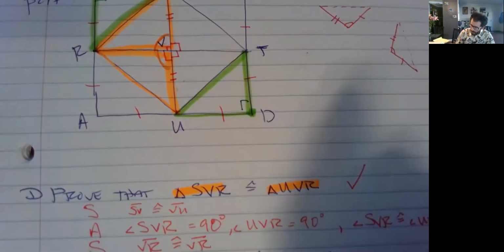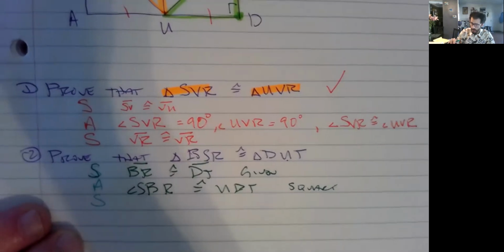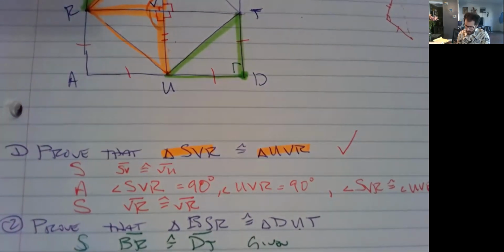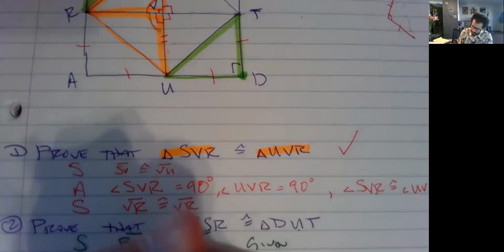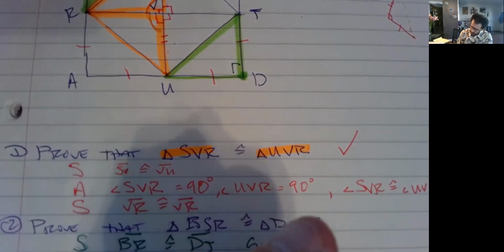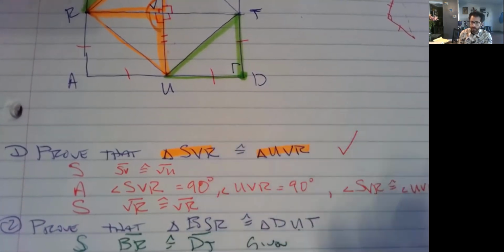Boom, boom, boom, boom. And that's because it's a square, right? All the angles are 90 degrees on the edges of squares, the corners of squares. And then finally, so we said BR, now we need to say BS. So side BS is going to be congruent to side DU because, well, that was also given in the directions.